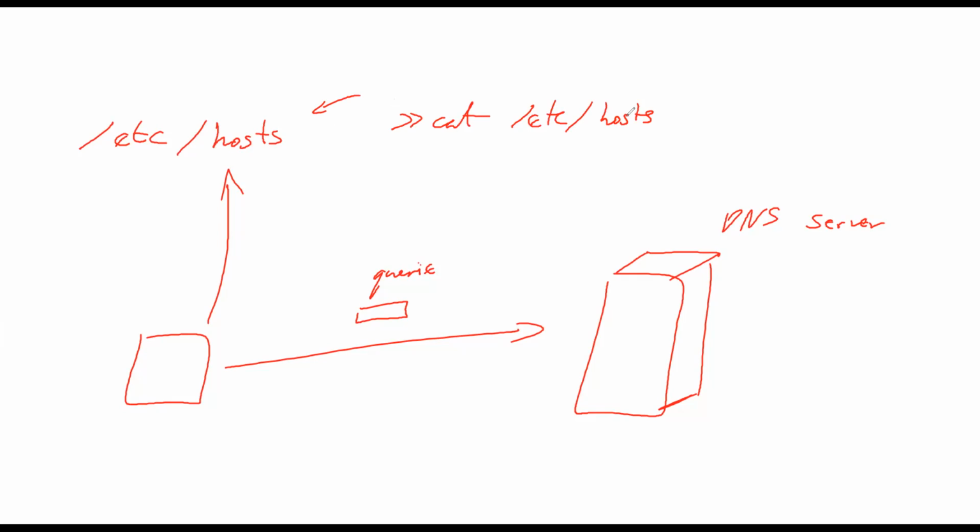And the machine, the DNS client over here, will check out that file first. If there's nothing there, it sends out the query. However, if there is something in there, it'll use it actually.